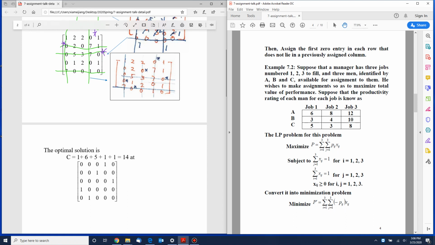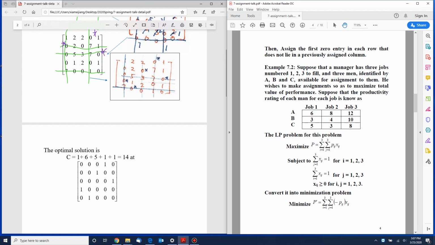Now, if we set up an LP problem for this one, that is maximize the P, right? And maximize P, of course, we can convert it into a minimization problem, that is, minimize negative P_ij. So when we have the negative P_ij, how may we use the assignment method to solve it?